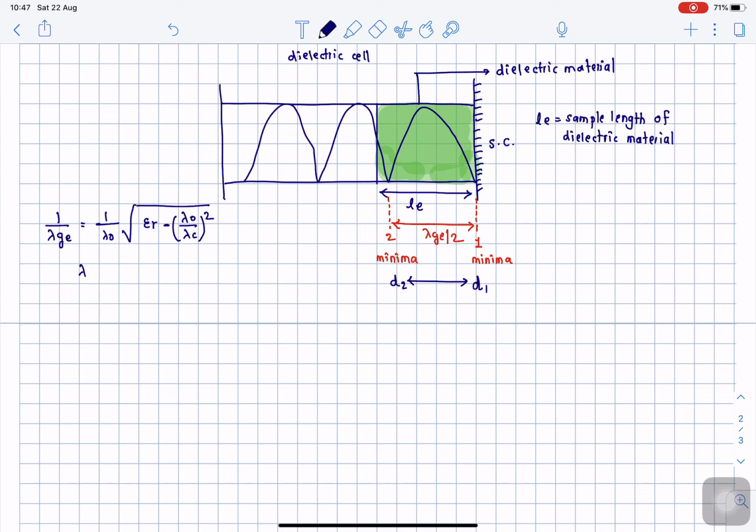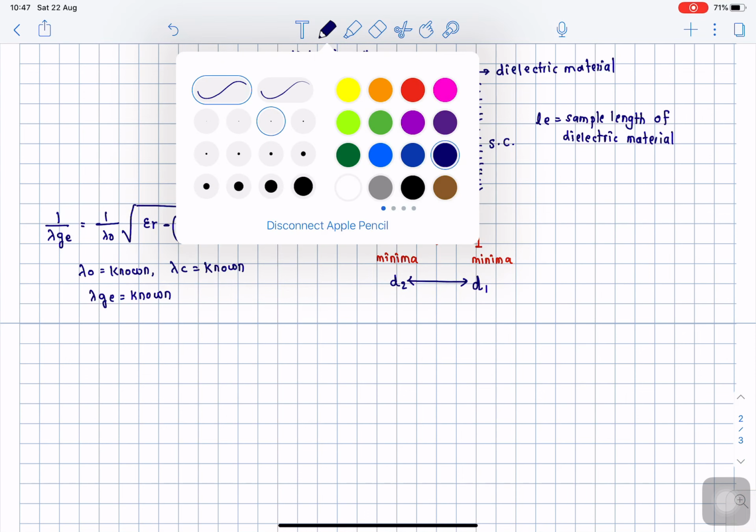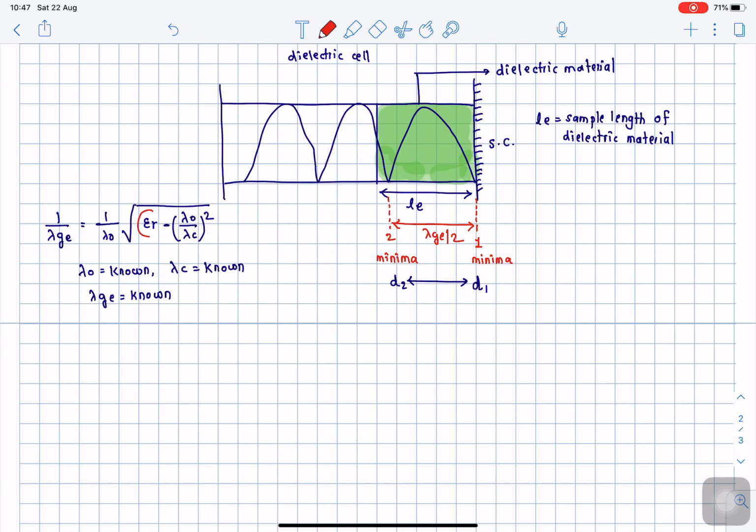We know lambda 0 is known, the cutoff wavelength lambda c is also known, and just now we have calculated lambda GE, which is also known. So the only unknown in this equation that remains is the effective dielectric constant, epsilon r. So lambda GE, lambda 0 and lambda c are known. Put all these values in this equation and find out epsilon r.